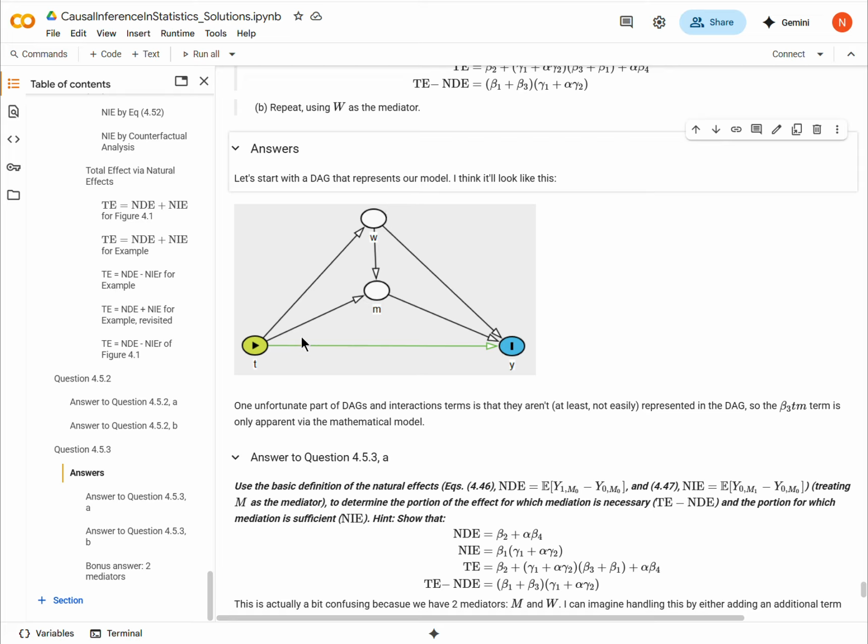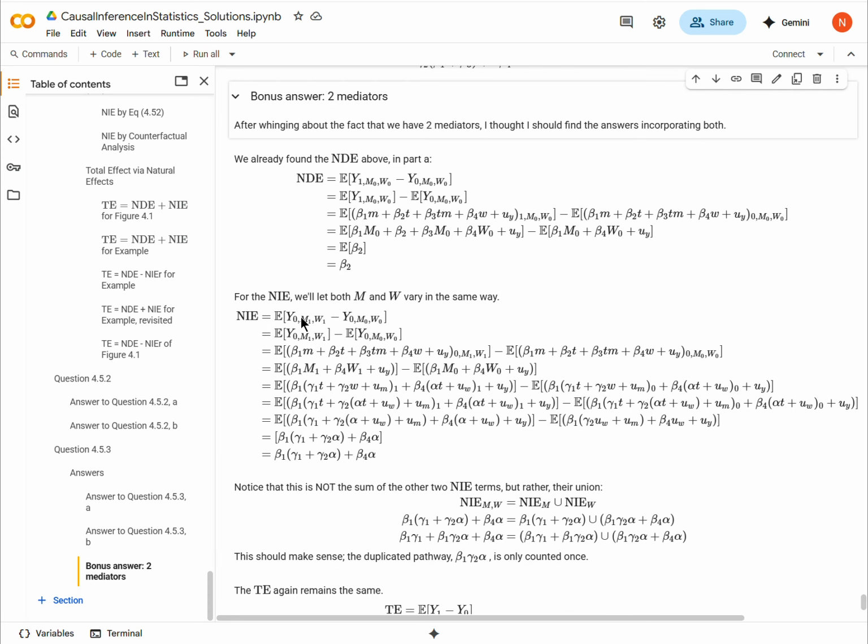But what would be correct is the unique pathways using both of these mediators. So if I were to analyze the indirect effects of both mediators independently, maybe it is the unique pathways that would be jiggled in either analysis. In other words, the union between the two.